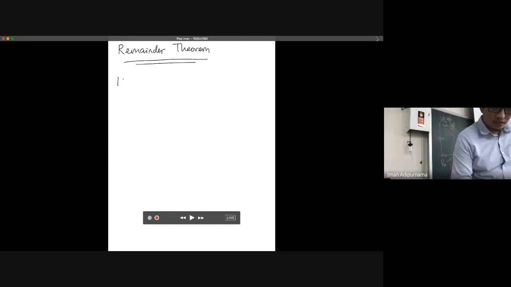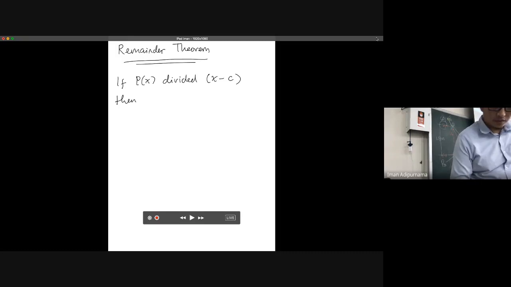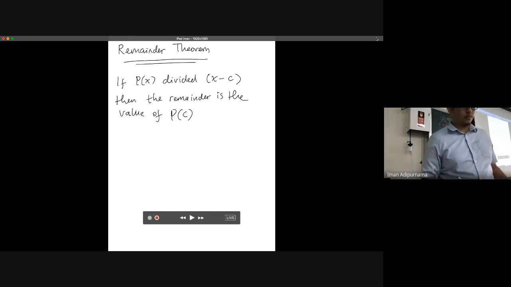If p(x) is divided by a factor, let's say x minus c, then the remainder is the value of... Do you get the idea of what this means?